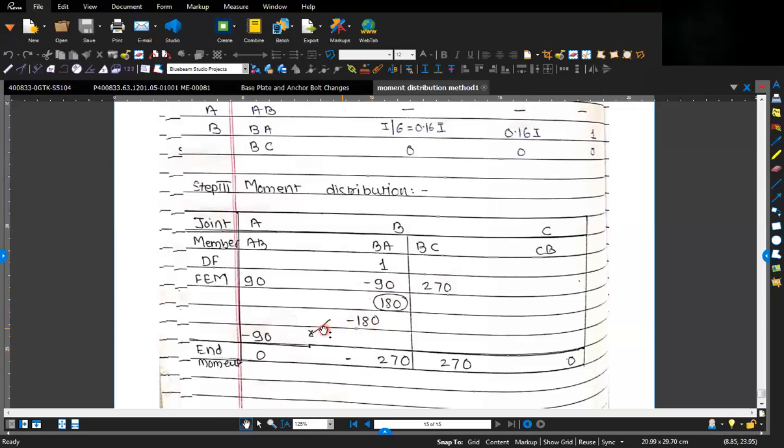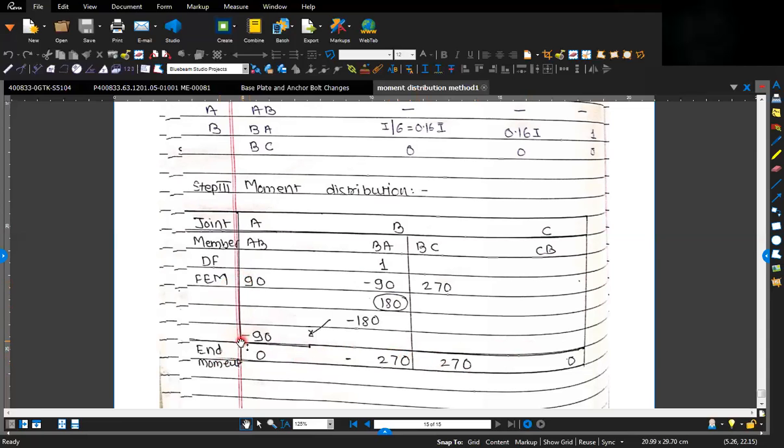And this far end is fixed, so if the far end is fixed, then we can carry over half the moment, that's why minus 90. After each carryover, you put one line and then do the summation of the moment part, just to check whether we have to stop. If it doesn't balance the moment, then you do the second iteration or second carryover.